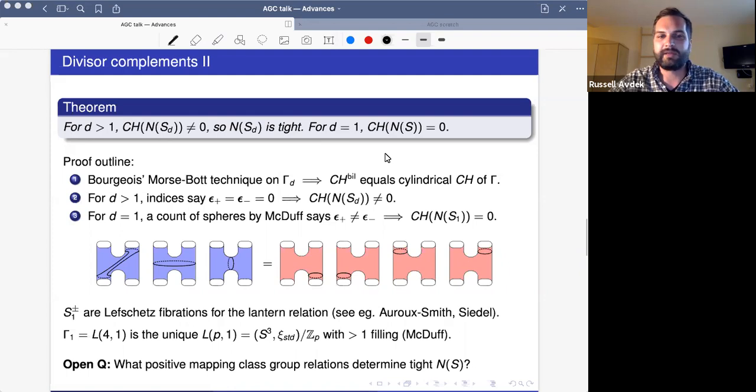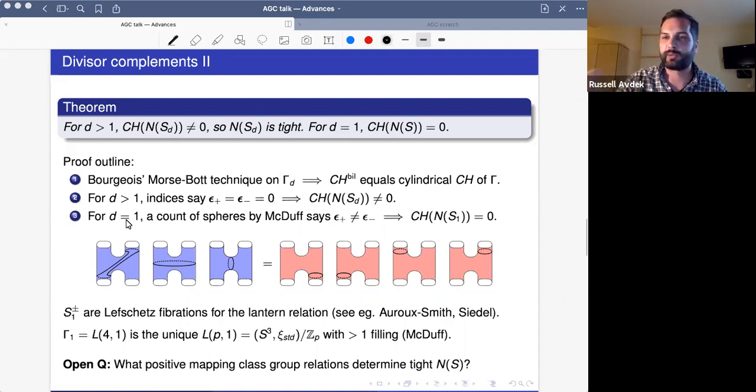So in the d greater than 1 case, we mix that arithmetic with this Morse-Bott index theory, and it tells us that there are no holomorphic planes to count. And so this augmentation has to be 0, and therefore our contact homology has to be non-zero. So we know that the convex hypersurface we've built from these two divisor complements is tight.